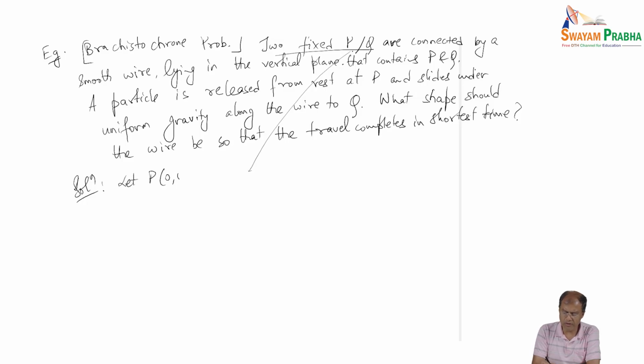Let my point P be 0, 0 and my point Q be A, comma B, and let us say my time integral T of z is from P to Q of dz by V, right? So this is my distance divided by the speed, which is going to be the time integral.